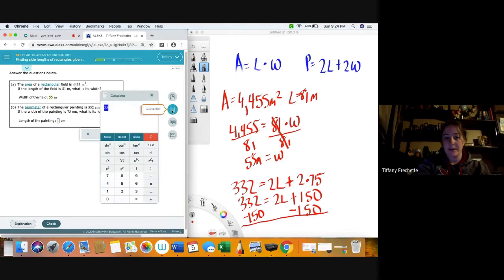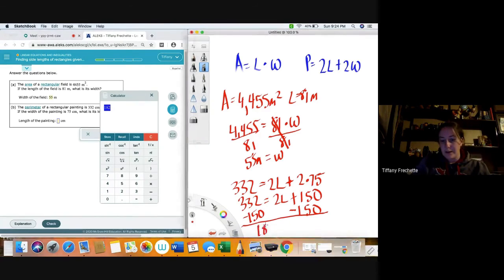So let's see, we have 332 minus 150, and we get 182. 182 equals 2L. The 2L just comes down. 150 minus 150, cancel out any number minus itself. So our last step, and I apologize, I ran out of room, is to divide by 2. Can kind of squeeze it in there at the bottom.